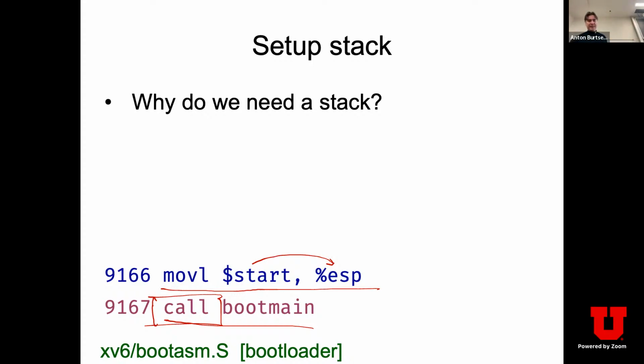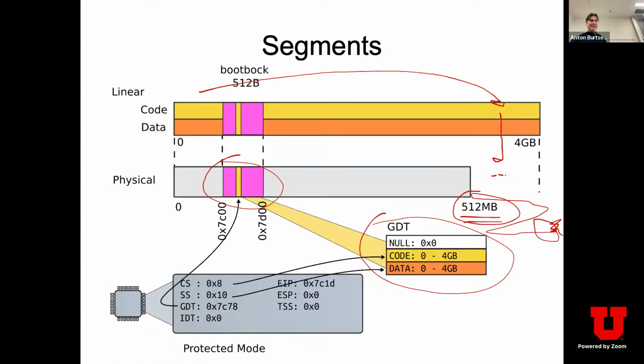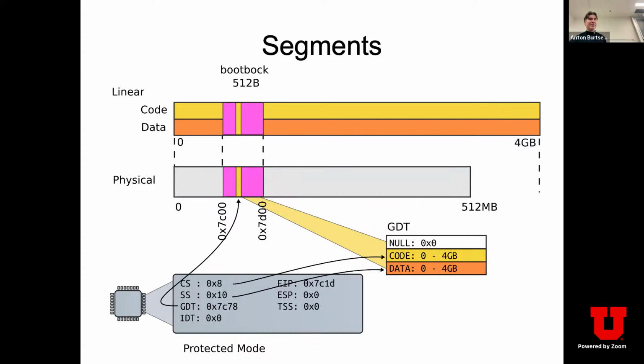And if I ask you a question: do you remember where the start label is? Where was it? This is where it is. This is the start, the very first byte of this boot block at 7C00.